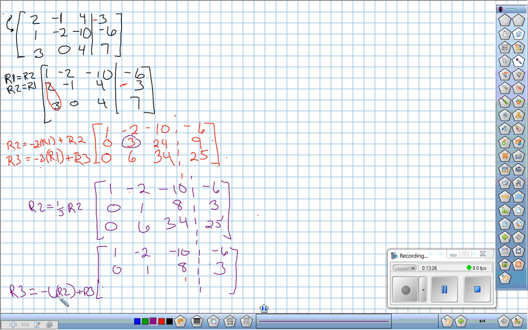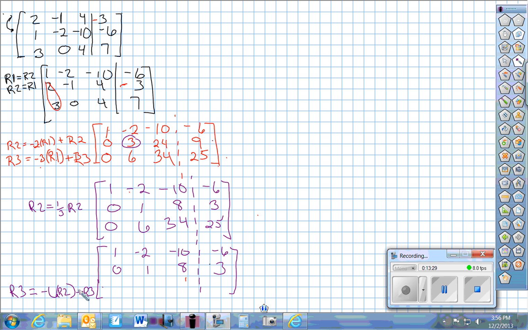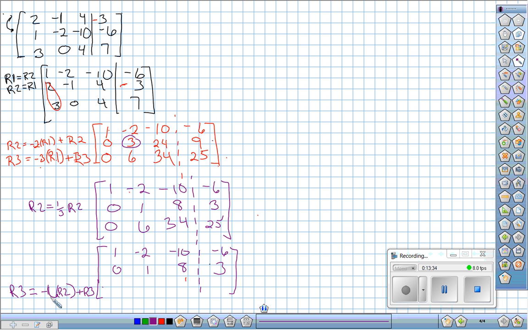Okay, so I have negative 6 times 0. This is really hard to see, sorry about that. I have negative 6 times 0 plus 0, because this was my old one, so I still have 0. Then I have negative 6 times 1, which is negative 6, plus 6 is 0.